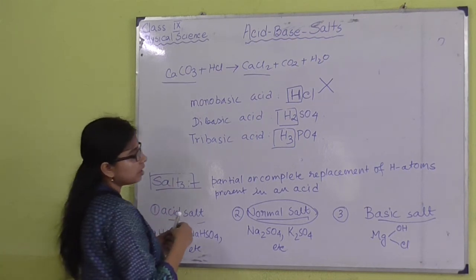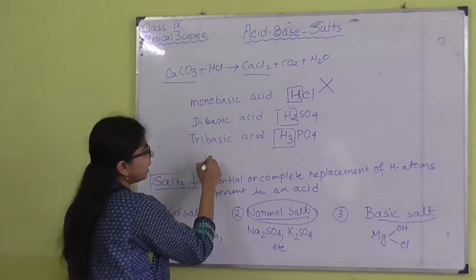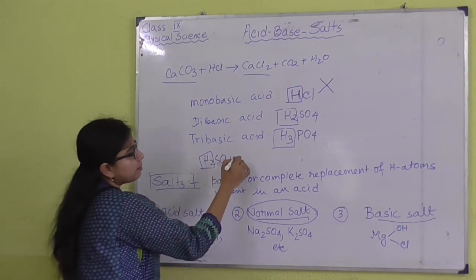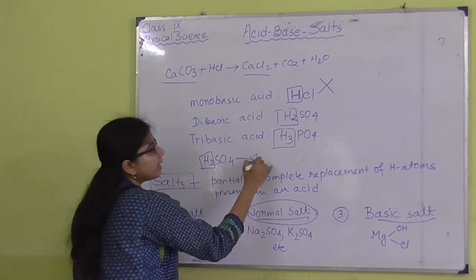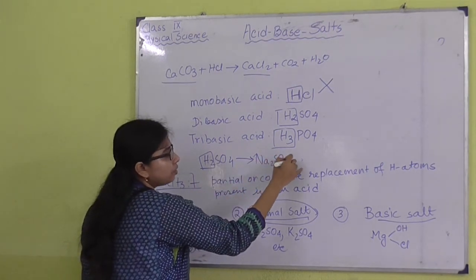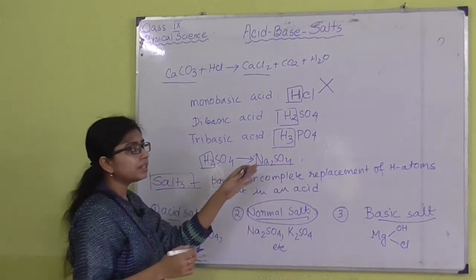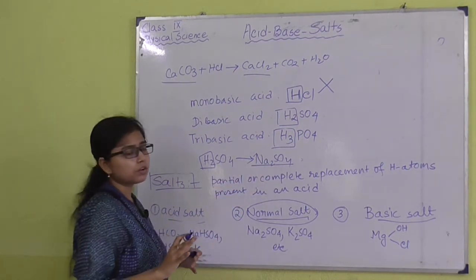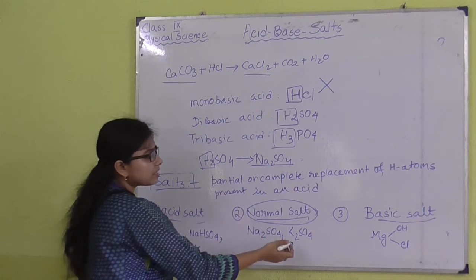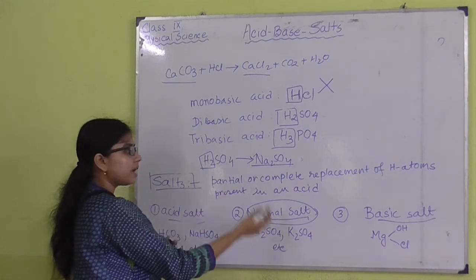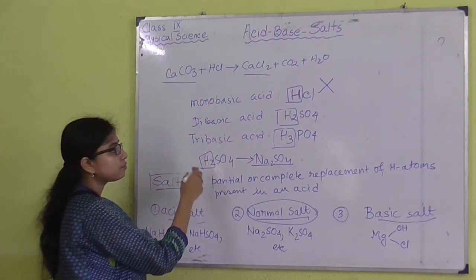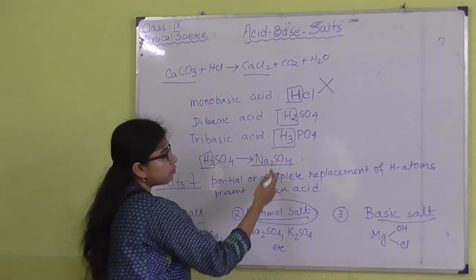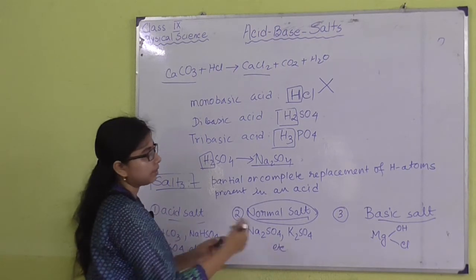Suppose I have H2SO4, so replacing these 2 hydrogens by 2 sodium, I can get Na2SO4, and in Na2SO4 there is no acidic hydrogen. So that is why this is a normal salt. As well as K2SO4, which I can also get from H2SO4, removing 2 hydrogen atoms at a time. So they are known as normal salt.